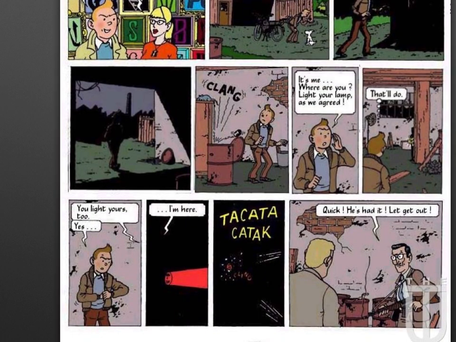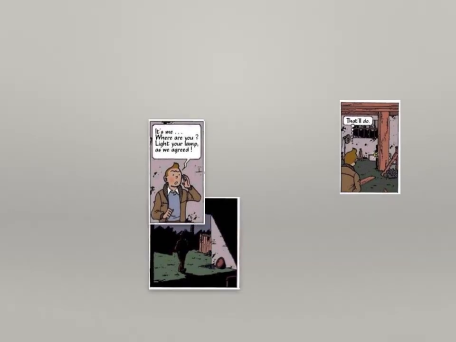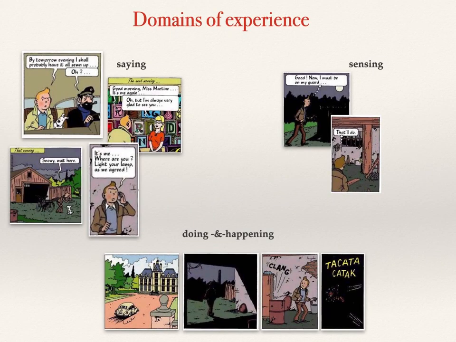And similarly, you continue down, you see there are panels, as I said before, that are purely ones of doing and happening. The only place where something linguistic might come in is as a sound effect, as it were. But it's not treated as something that's created through saying or sensing. So with this initial brush with comic strips, it would appear that there are at least 3 different domains of experience.